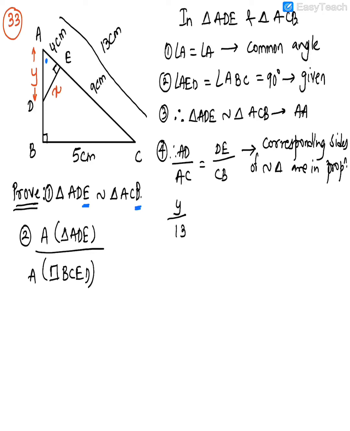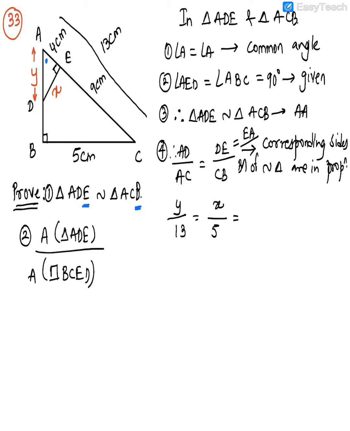We don't have BA, but we could have found BA also earlier. How? By Pythagoras theorem. So if you use Pythagoras theorem, you will get the value of BA. I'm not showing you how to solve by Pythagoras. You'll do it on your own. So 5 and 13, this has to be 12 centimeter. So I'll write 12 over here. Now how to solve this?